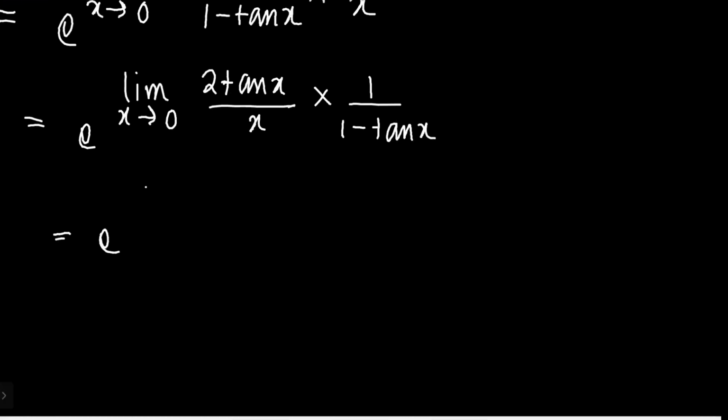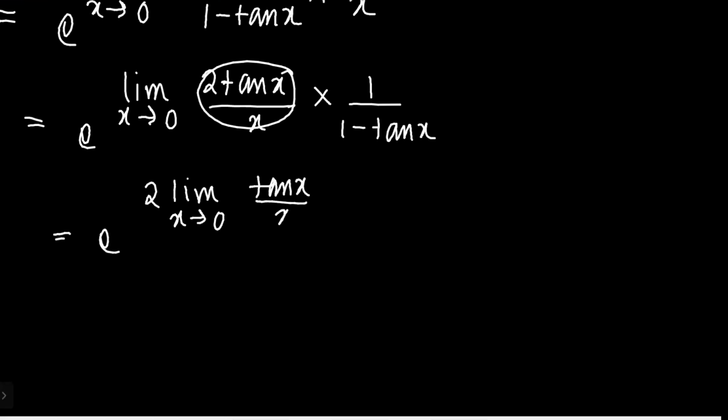Now limit 2 outside. Since both of these limits exist finitely, I can write this as limit x tends to 0 of tan x by x into limit x tends to 0 of 1 by 1 minus tan x.